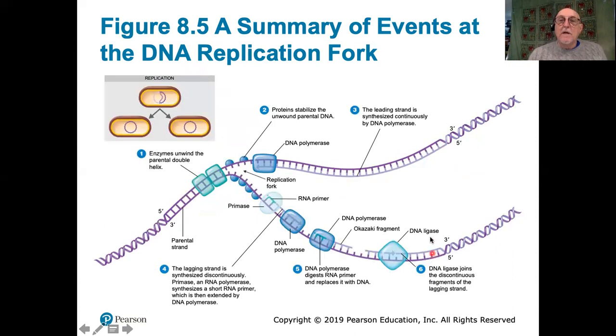Same on the other one. Here's the original parent strand there and there. They've separated, and now they've got a new strand. Because whenever we replicate the DNA, we always keep half of the old parent strand and lay down new strand. It is called semi-conservative replication.